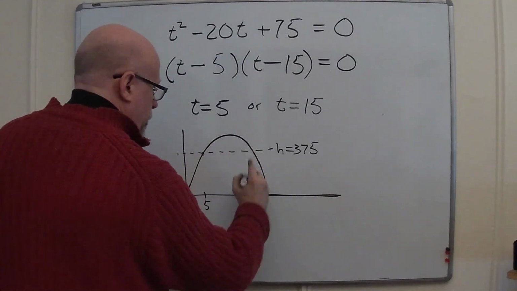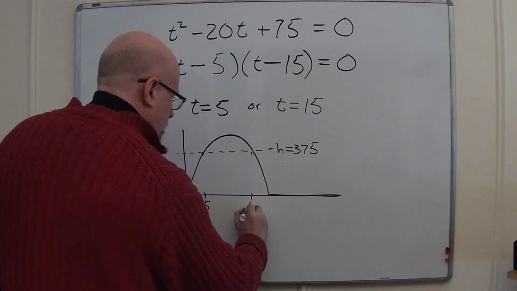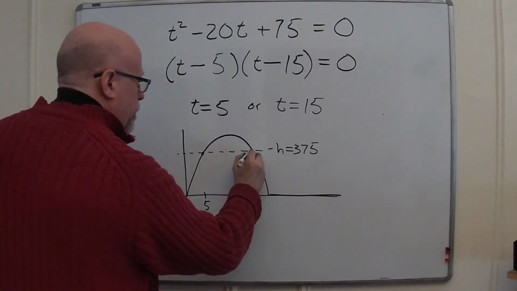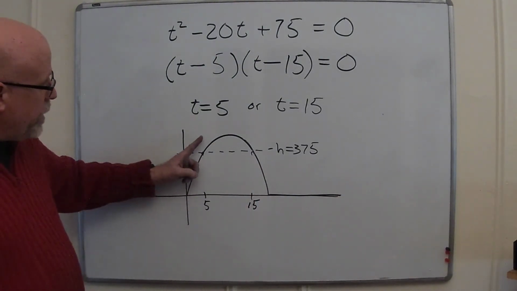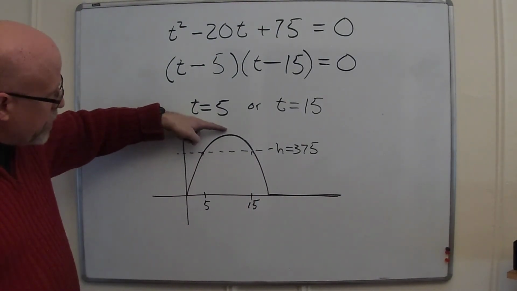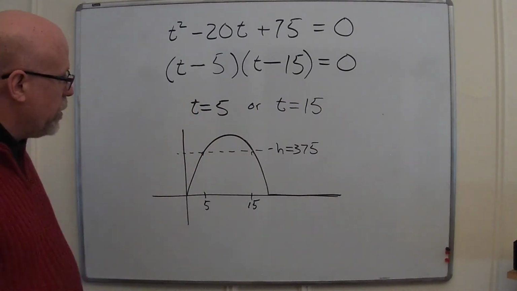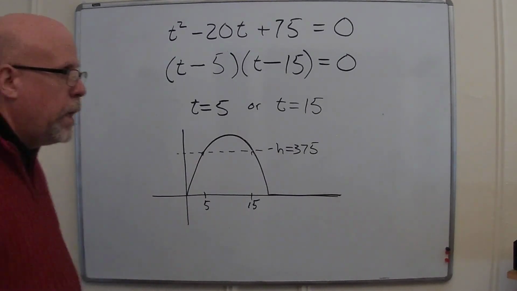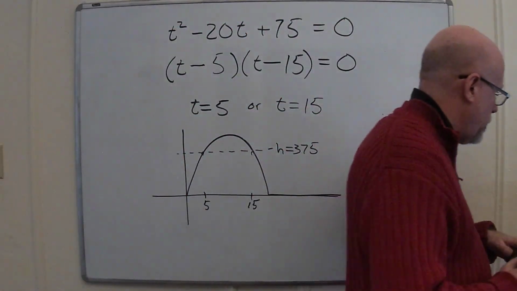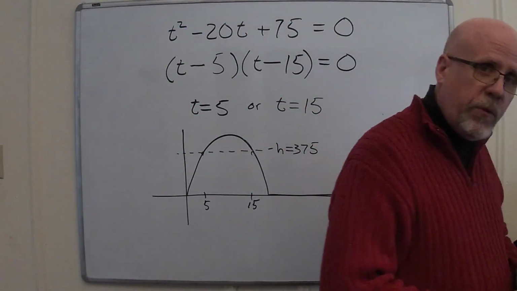And then there's another spot right here at 15 seconds where we pass through that same altitude but going down. So on the way up, we pass through that height, we peak out somewhere above that, and then we hit that height again on the way down. Fun. Okay, so that's it for section 1.4, and we'll see you on Wednesday.